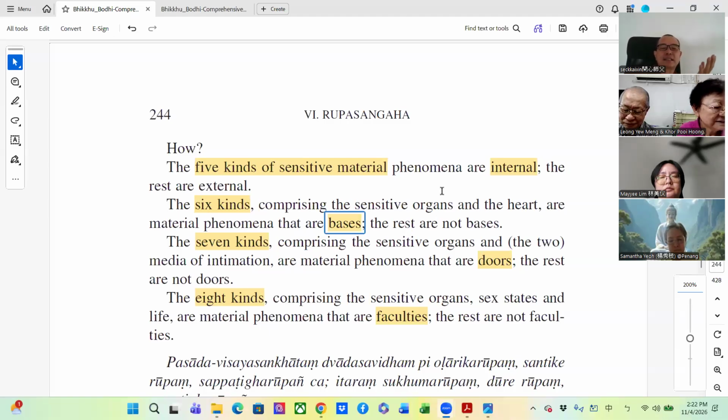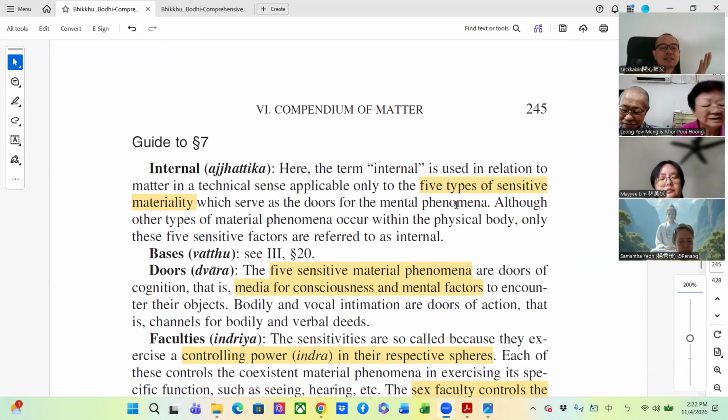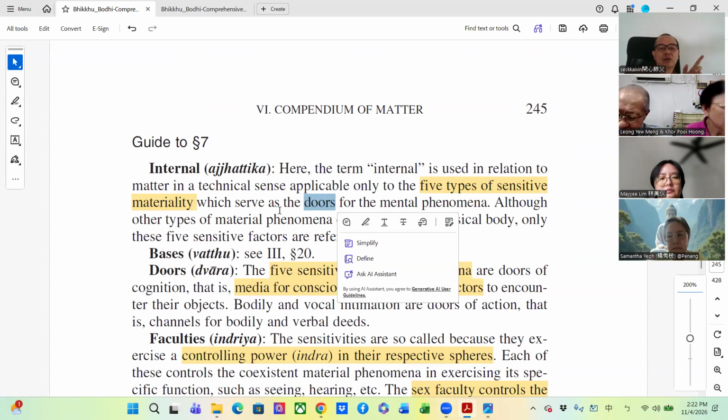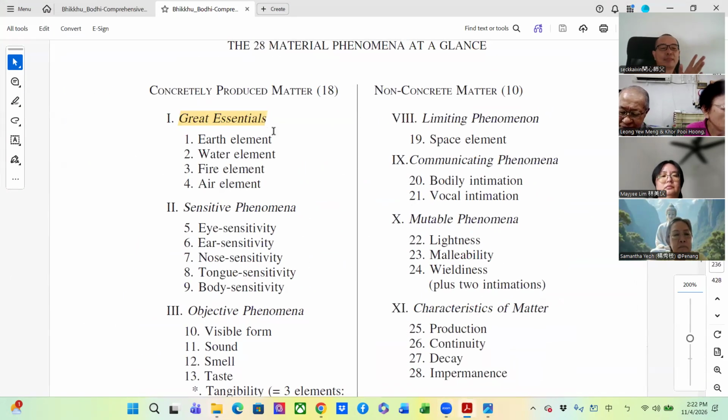Okay, number 1 is about why we talk about it being internal, the 5 kinds of sensitive material. Let's take a look. Internal means what? The 5 types of sensitive material. They also serve as a door. So which are the 5? Class, this is the one. The door is this.